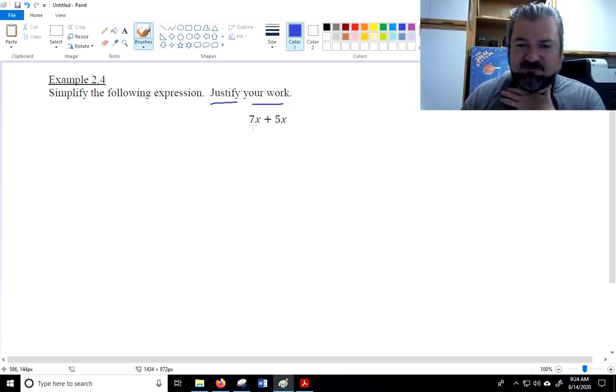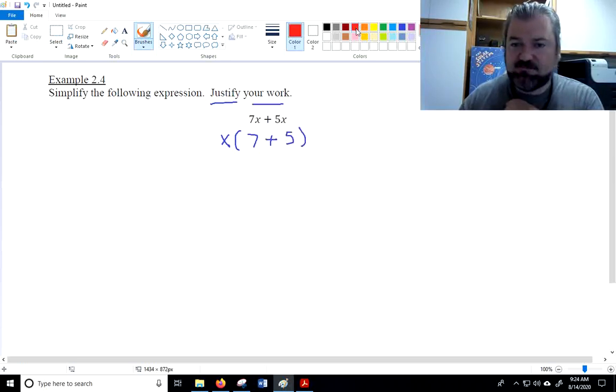Okay, I have 7x plus 5x. I know from the distributive property, which I'm kind of using backwards, that that is x times (7 plus 5). So the fact that those two things are equal, I know to be true because of a property that we have already discussed.